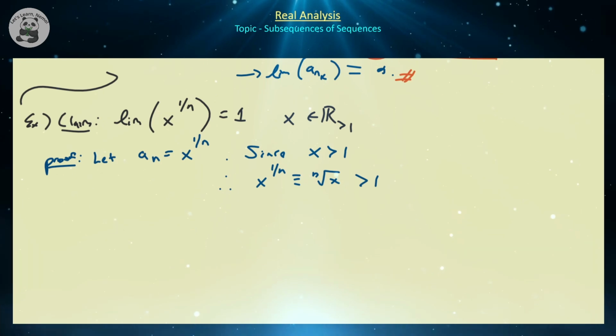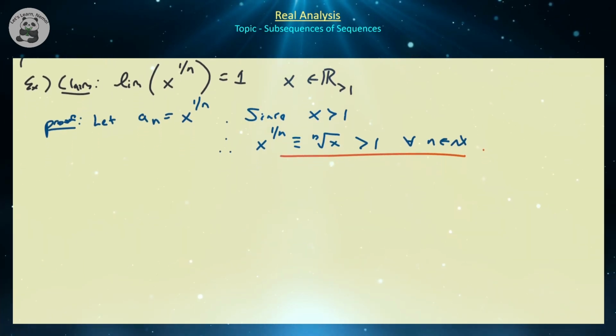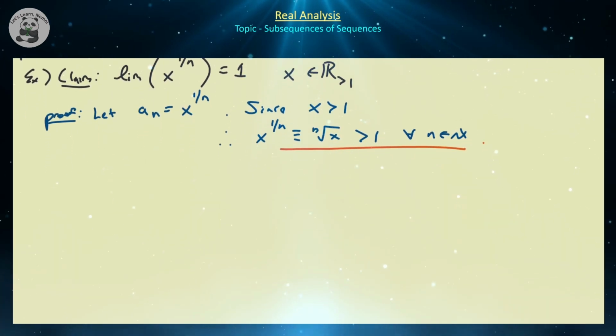That's a property of radicals, because the radical function, nth root, is monotonically increasing, and that's obviously going to be true for any natural number n. Again, if you're not convinced of that, you can use mathematical induction on the index of that radical in order to justify it. So notice here we have our sequence a_n, and it's always greater than 1 for all n.